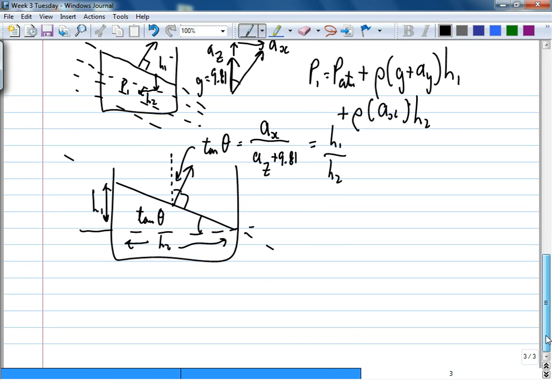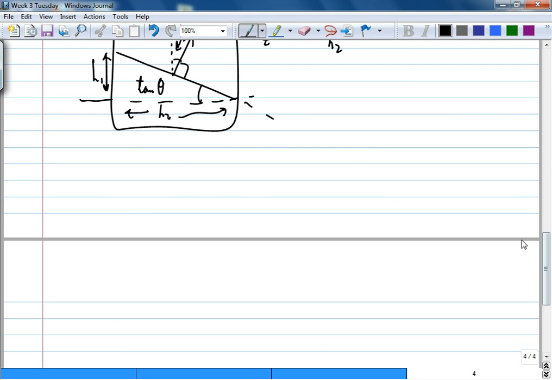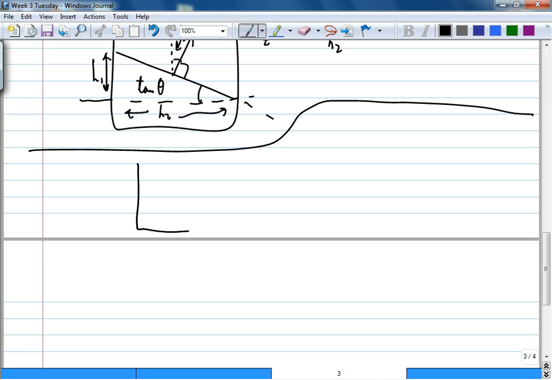Any questions? Okay. So now, the next, I'm going to take it one step further. What happens when a container is rotating?